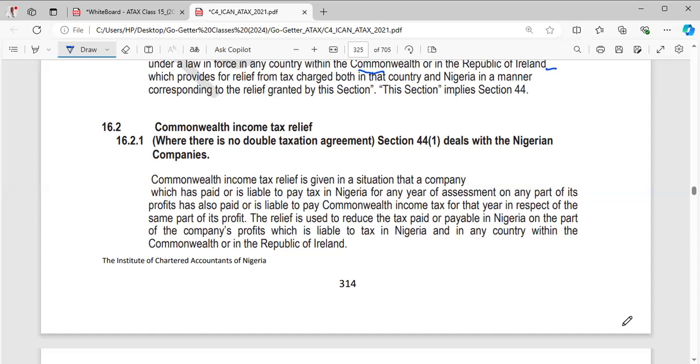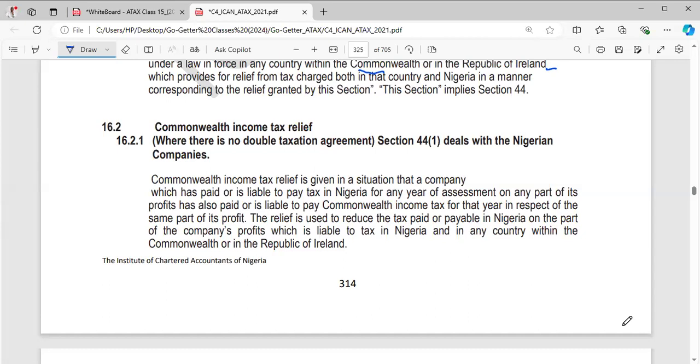Commonwealth income tax relief is given in a situation where a company which has paid or is liable to pay tax in Nigeria for any year of assessment on any of its income has also paid or is liable to pay Commonwealth income tax for that year on that same part of the profit.